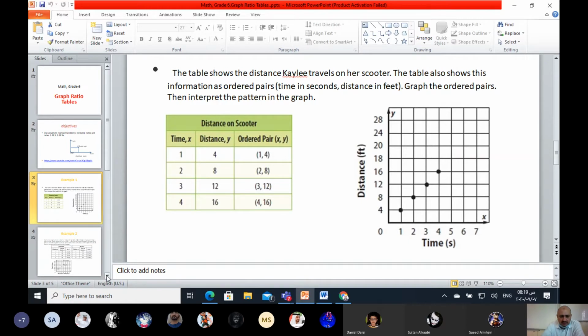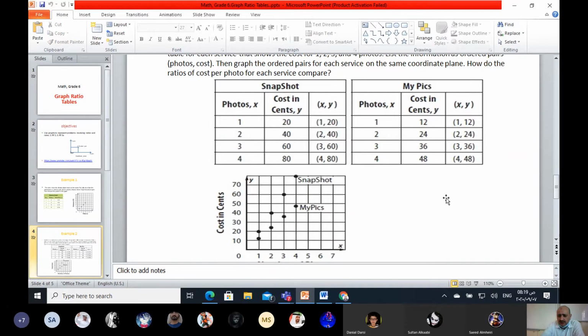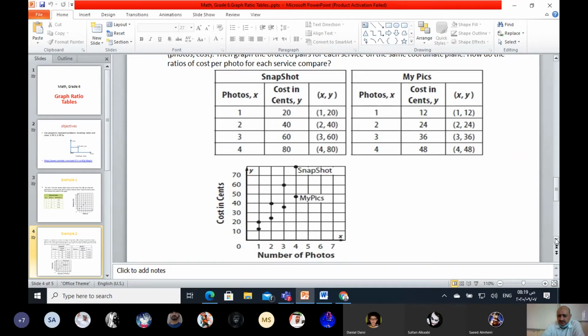The next example, we have here 2 tables. The first table, the first row is photos, this is x.